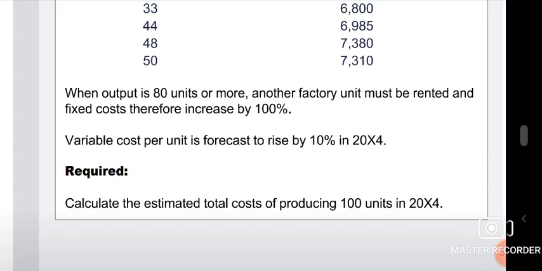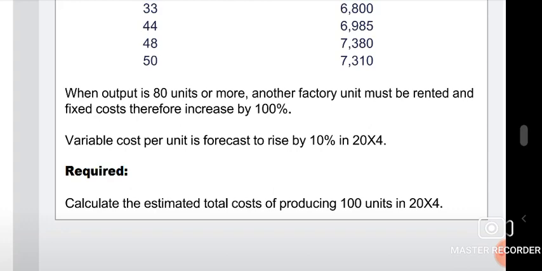So whatever fixed cost value that we get, we have to multiply it by, in fact, times 2, because when you say 100%, you increase by as much as it is right now. So first of all, determine that fixed costs using that high-low technique, then we'll come and add on 100% to it. Okay.